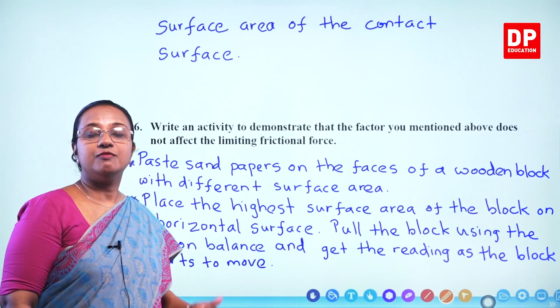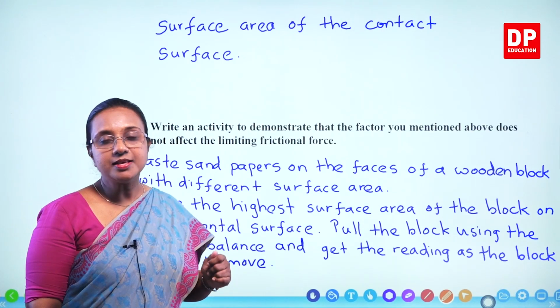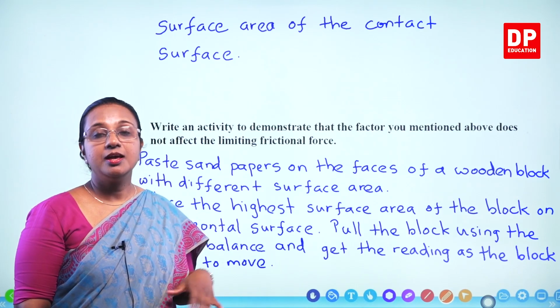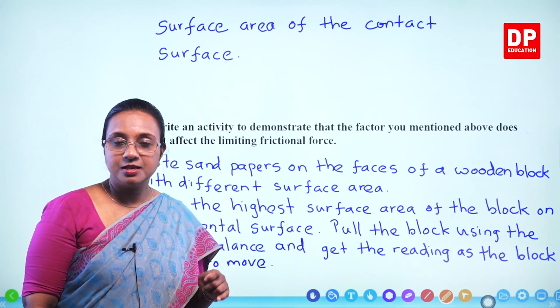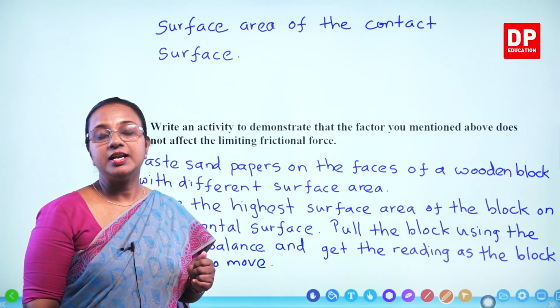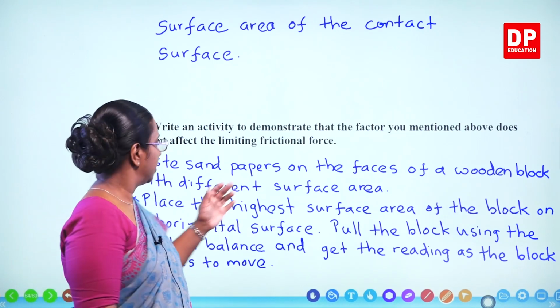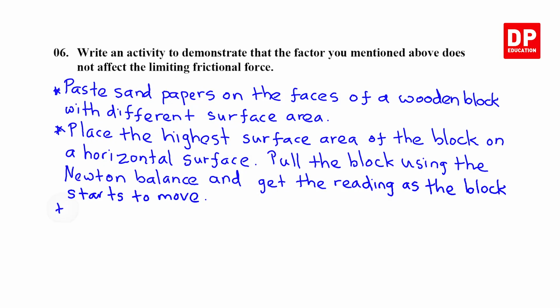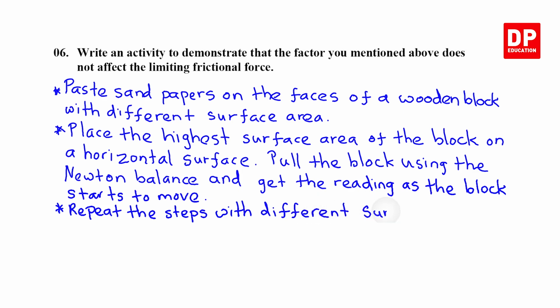And finally, what do we do? To compare the results and come to a conclusion, we repeat the same steps with faces of different surface areas. So I can say, repeat the steps with different surface area.